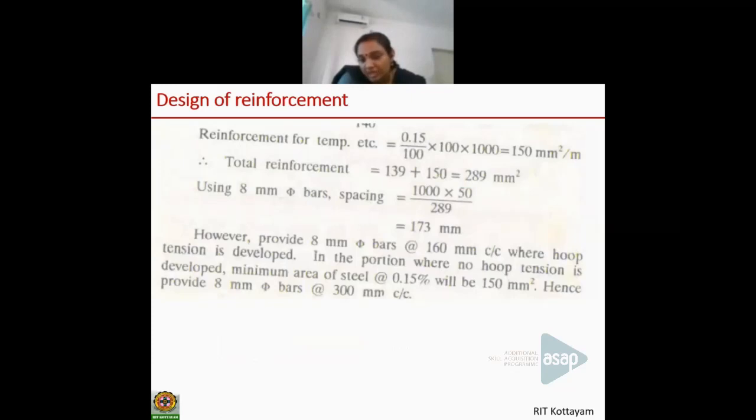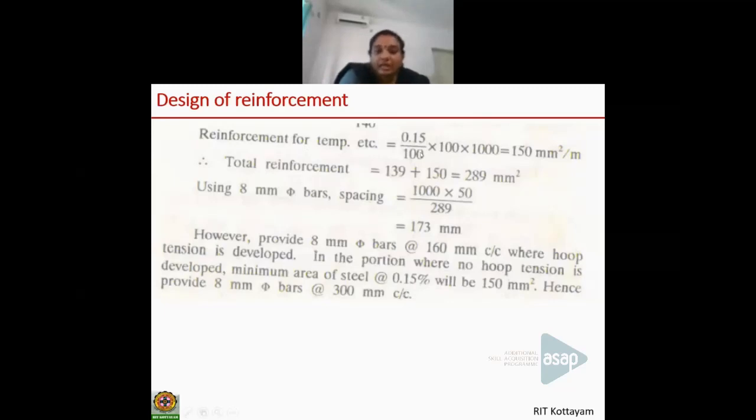should include not only the reinforcement, but also an additional reinforcement provided to take care of the temperature stresses or shrinkage stresses, which is the minimum percentage of reinforcement. So the reinforcement required for that should be added to the reinforcement that carries the tension.